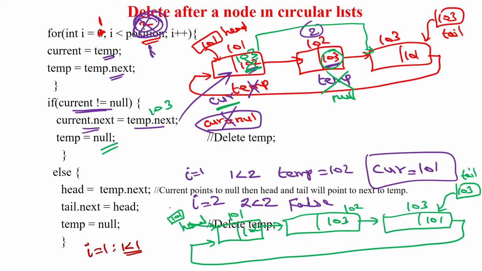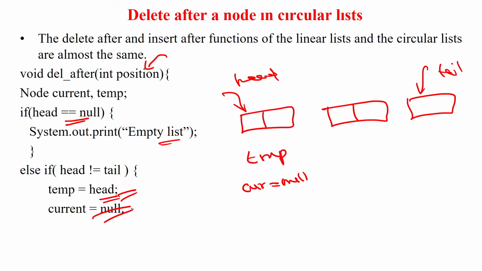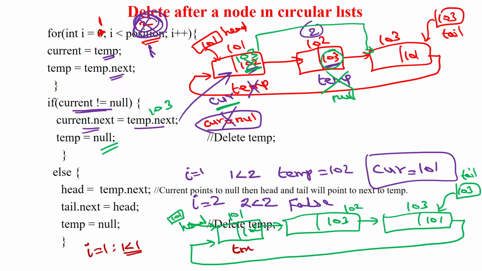Initially current is null and temporary is head. Current is not holding any node.